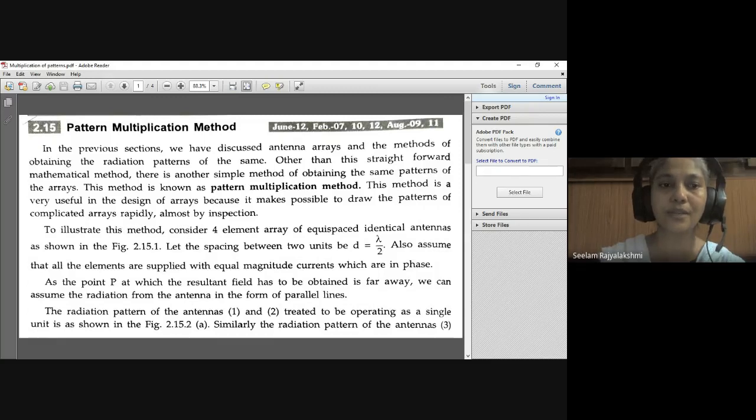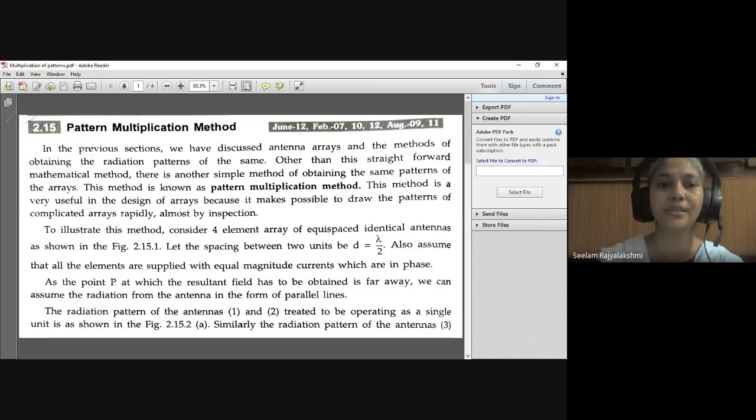Also assume that all the elements are supplied with equal magnitude currents which are in phase. So we have four elements placed equi-spaced, and the currents supplied to all of them are equal in magnitude and in phase.